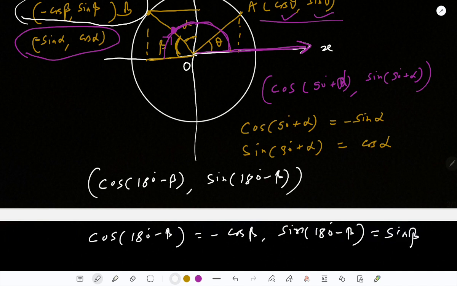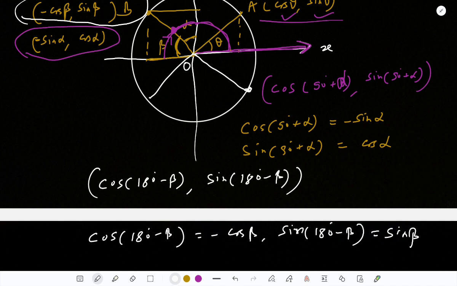You can do this for a point in this quadrant, and you can do this again for a point in the fourth quadrant.